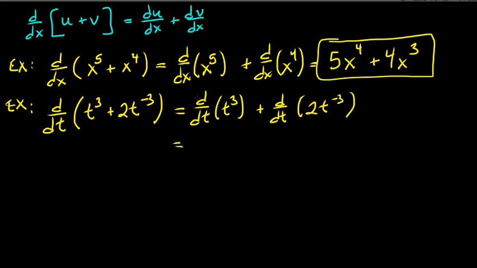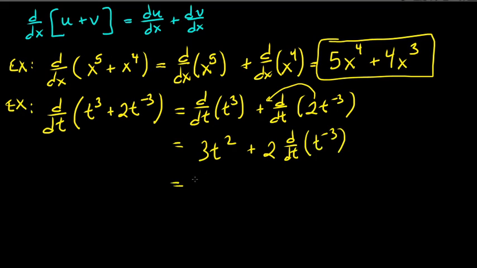For the first one, we did this several times already, right? So 3t squared, just by the power rule. Now for the second one, there's this 2 in front, but the 2 is a constant. That can come outside. And then we take the derivative of t to the negative 3.